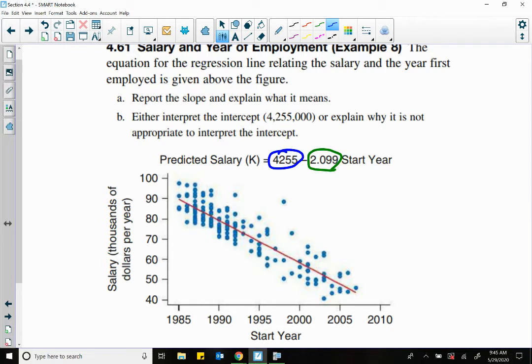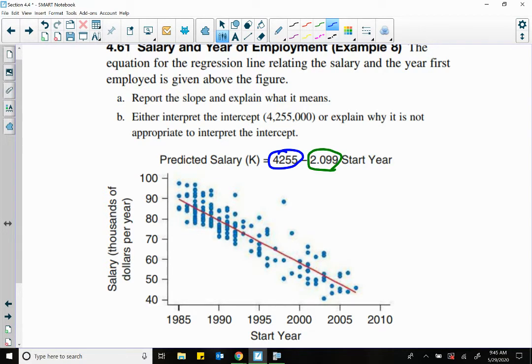So, do you think someone that just started a job in year 0 is really going to be making $4,255,000? I don't think so. So it would be inappropriate for us to interpret the intercept because it doesn't make sense.